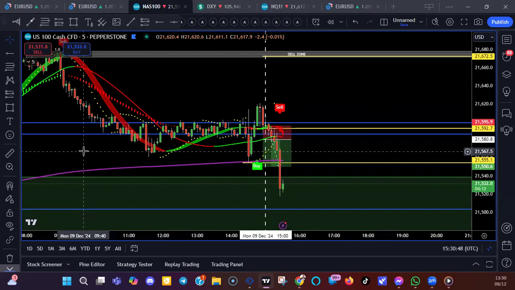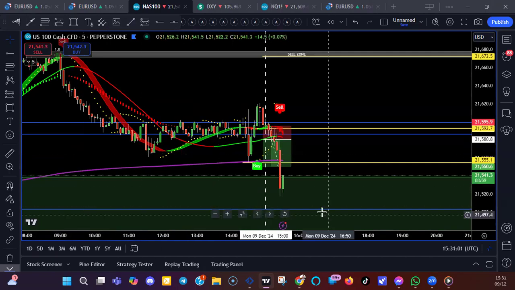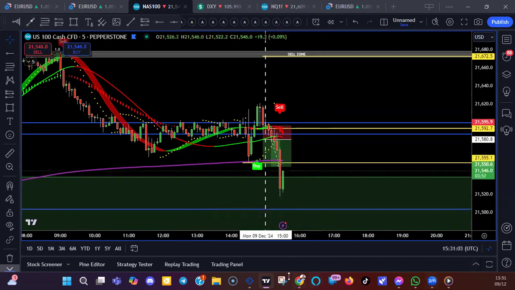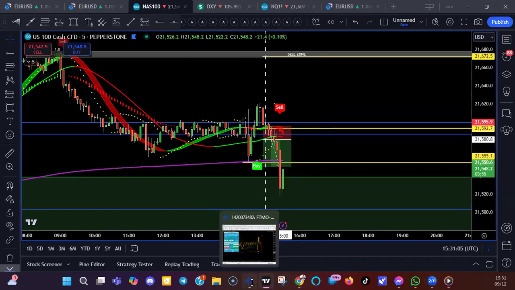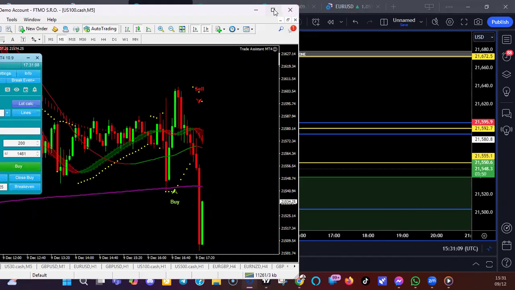Hang on, Chris says, David, on my NT4 Trade Assistant, why do I have a blue M next to the red R in the middle bar? Don't have it on yours. Blue M. Let's have a look. Let's get this back up again.